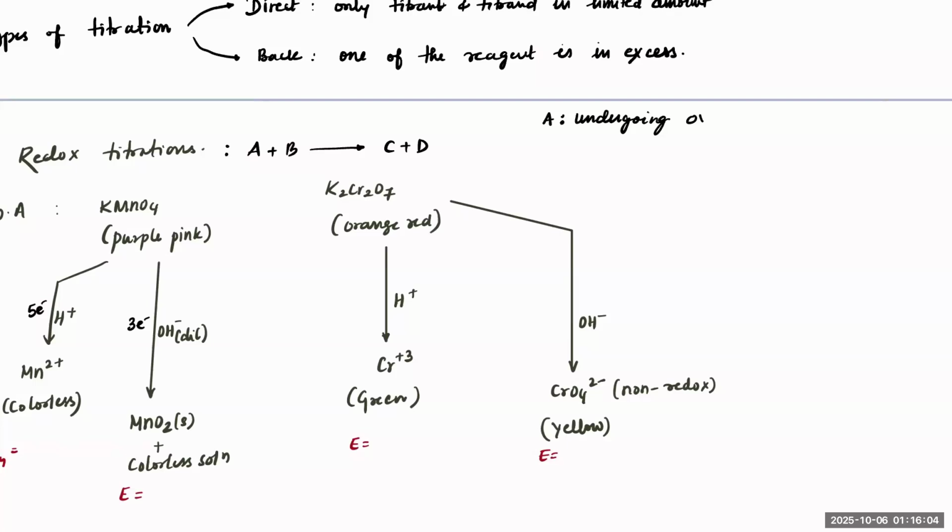If it is undergoing oxidation, you call it a reducing agent. And B, during the reaction, is undergoing reduction. It is getting reduced, which means it is called an oxidizing agent, right? So these are the two points you need to remember.